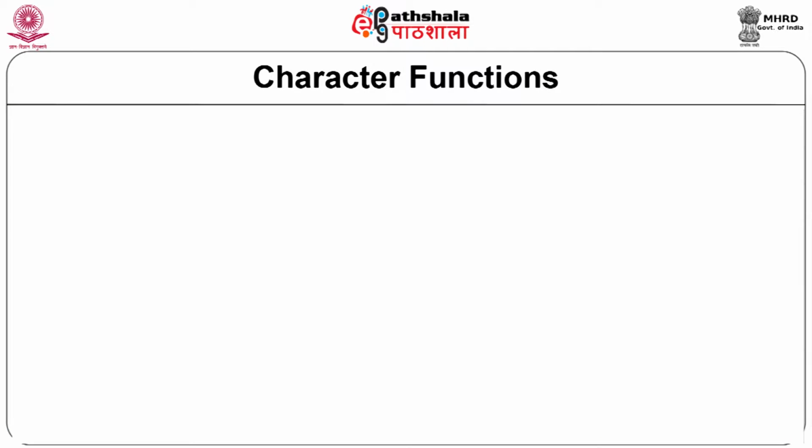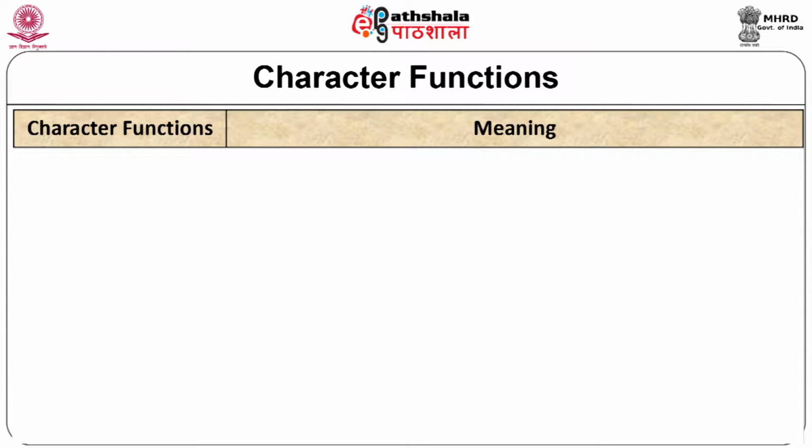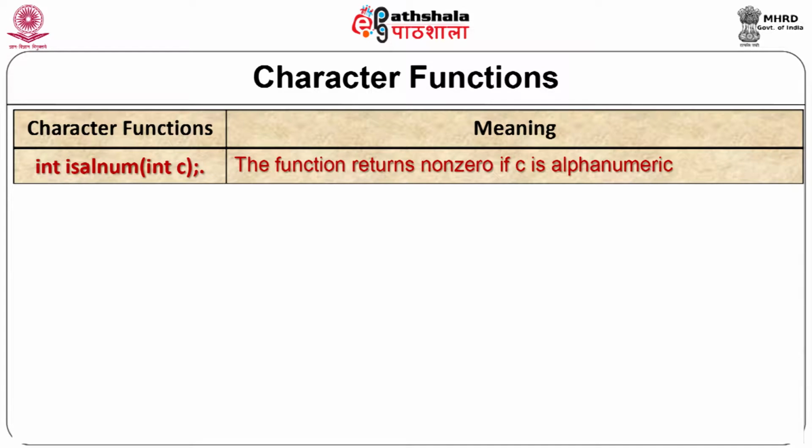Let us see different character functions. In this table, you can see the list of character functions and their meaning. The first character function is isalnum(int c). The function returns a non-zero value if c is alphanumeric.